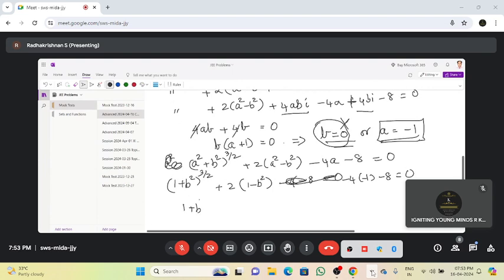That is 1 plus b square whole to the power of 3 by 2 plus 2 b square plus 4 minus 8. So if you put all this together, what will come? 2 plus 6 minus 8 is minus 2, isn't it?